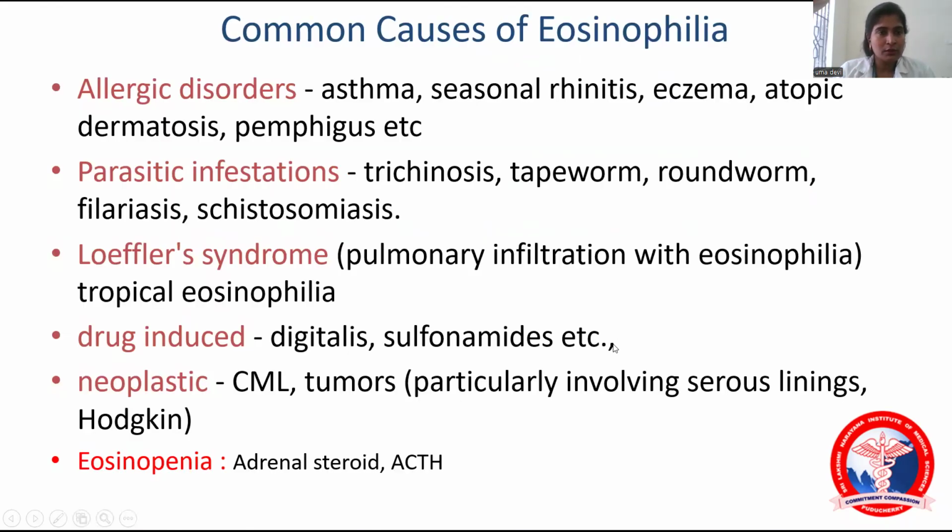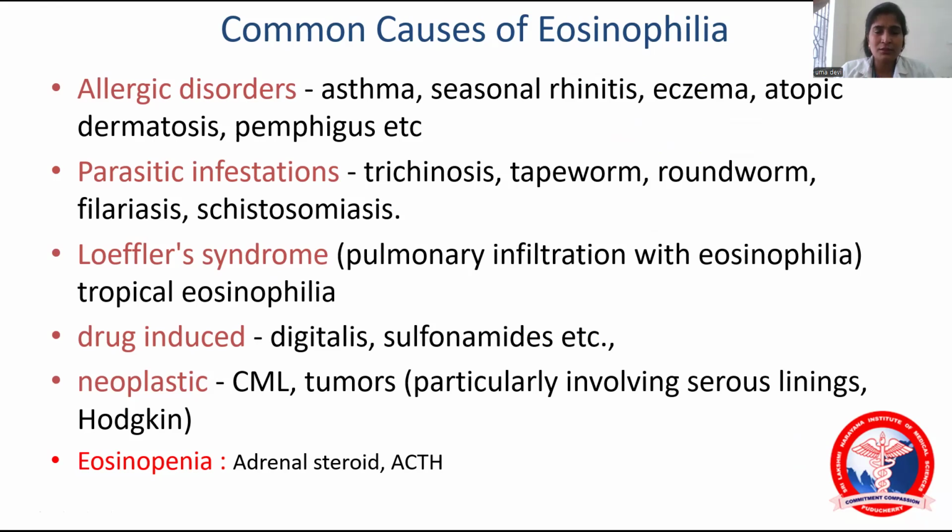See here, the causes of eosinophilia are allergic conditions like asthma, seasonal rhinitis, eczema, skin infections, dermatoses, all those things. Another is parasitic infections. All parasitic infections can also increase it. And Loeffler syndrome, which we learn in systemic pathology, is nothing but pulmonary infiltration with eosinophilia.